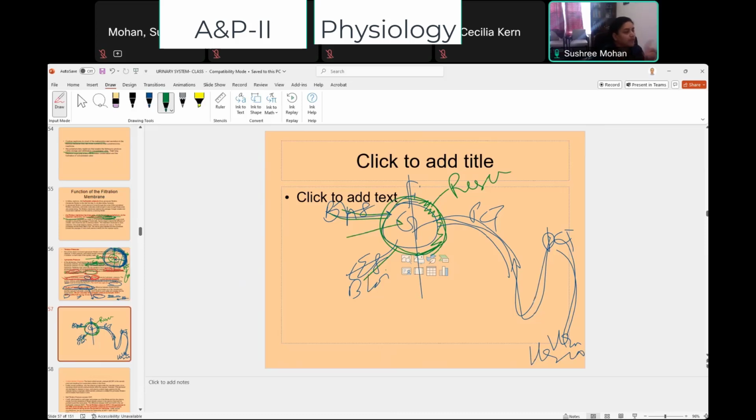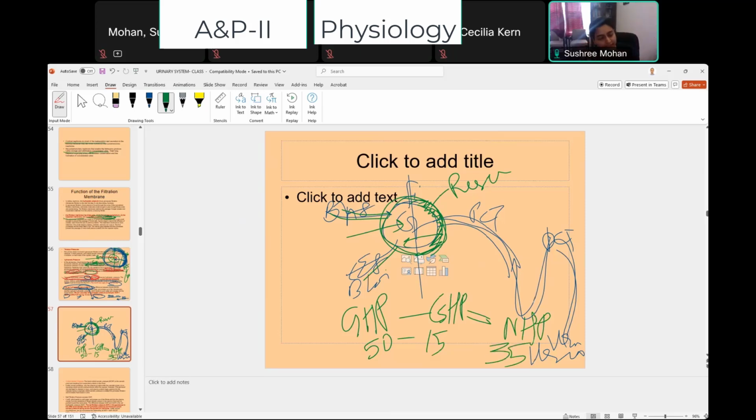So we call this forward pressure glomerular hydrostatic pressure, and that is 50, minus the capsular pressure, which is offering a resistance to the flow. When the blood flow is coming, it is offering a resistance, and we call that capsular hydrostatic pressure. Okay, and that is around 15. So the net hydrostatic pressure would be 50 minus 15, that is 35.